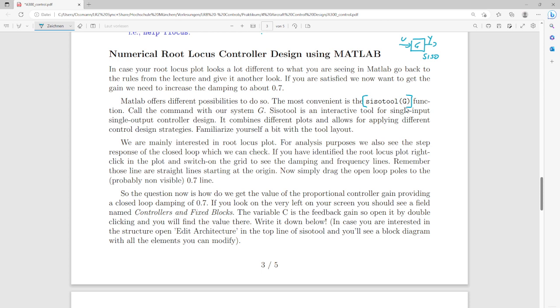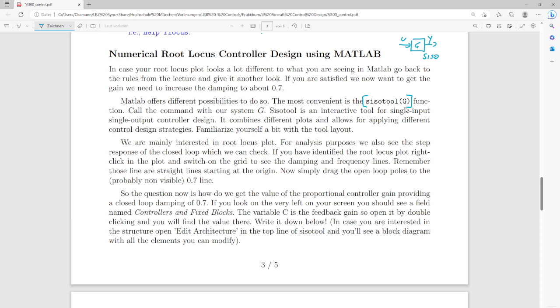The root locus curves are interactive, which is quite nice because you can simply drag poles around, add zeros in your controller and so on. But I will show you that in a second.